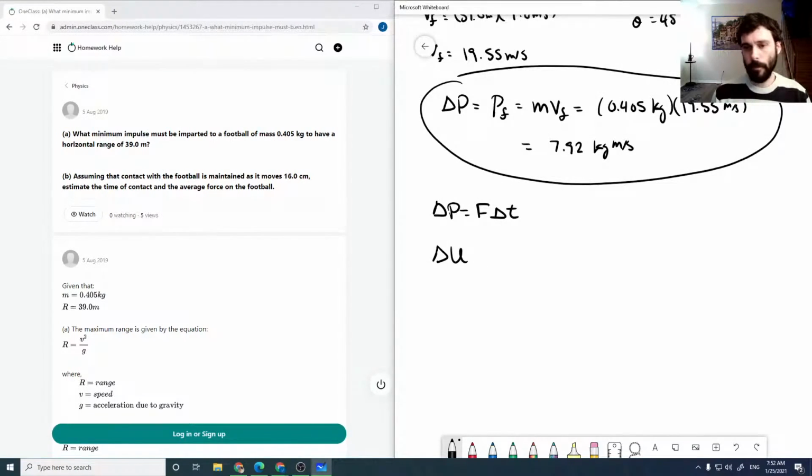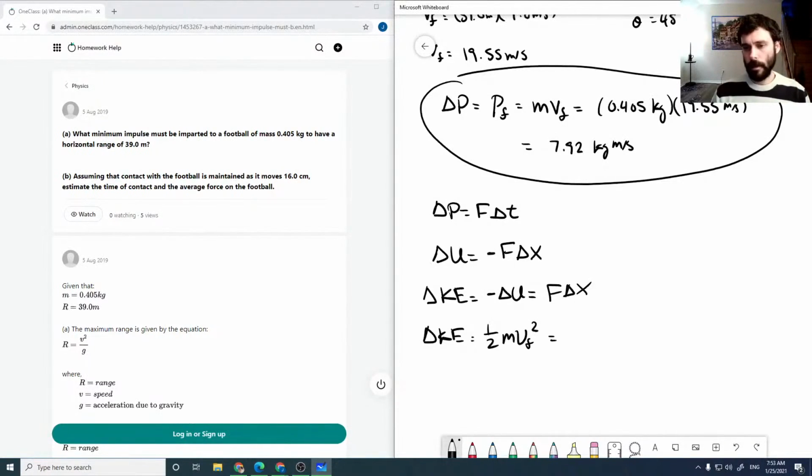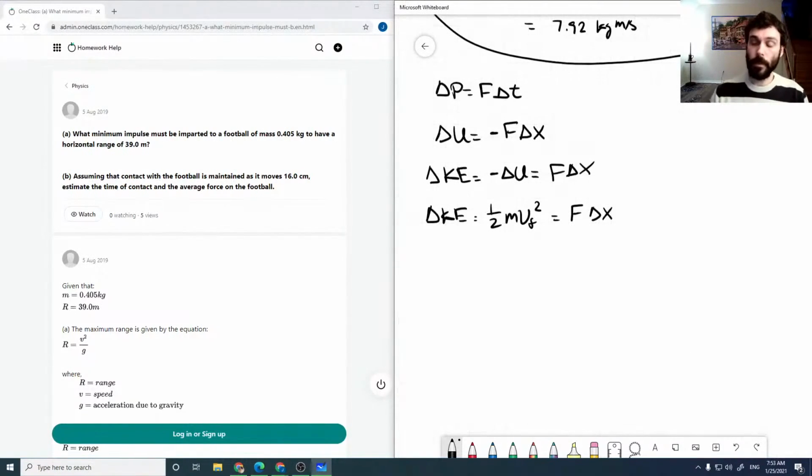So delta U is minus F delta X. But recall that delta KE is minus delta U, so that just equals F delta X. Our delta KE is going to be just 1/2 m VF squared. And so then that equals our F delta X. And it's just that because our initial velocity is 0. So then our force is 1/2 m VF squared over delta X.